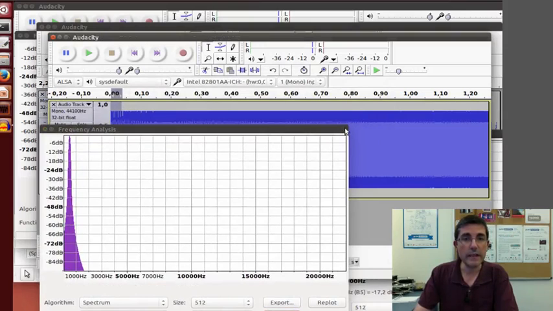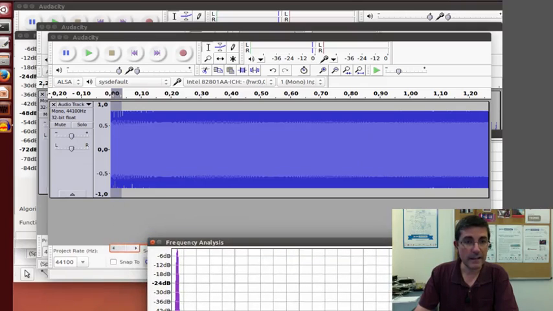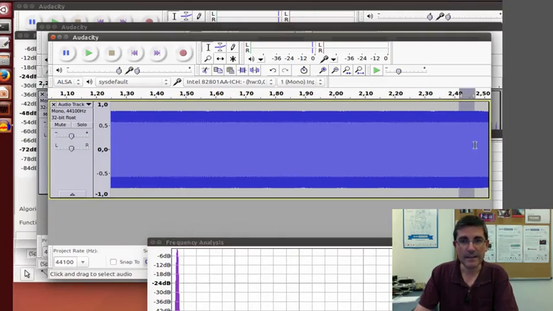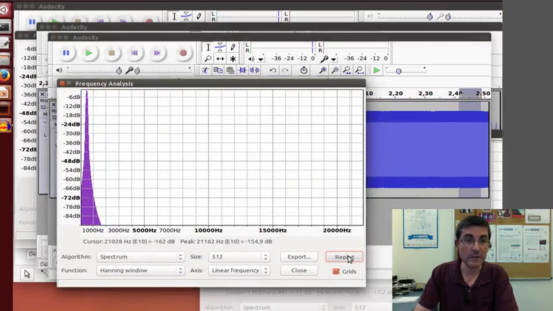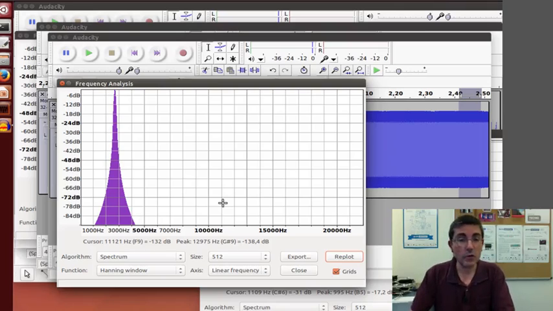And if we go to the end of the signal and replot the spectrum, it has shifted. It's going towards 5,000 hertz, so it's also one single peak, but much higher. And that's a good way to visualize and understand periodic signals.